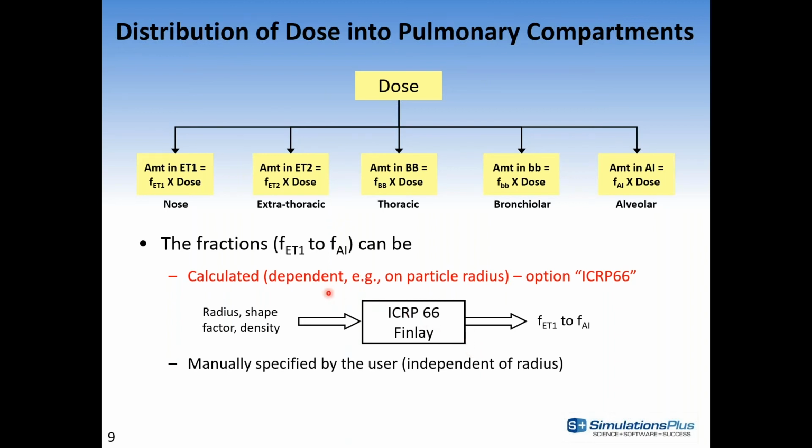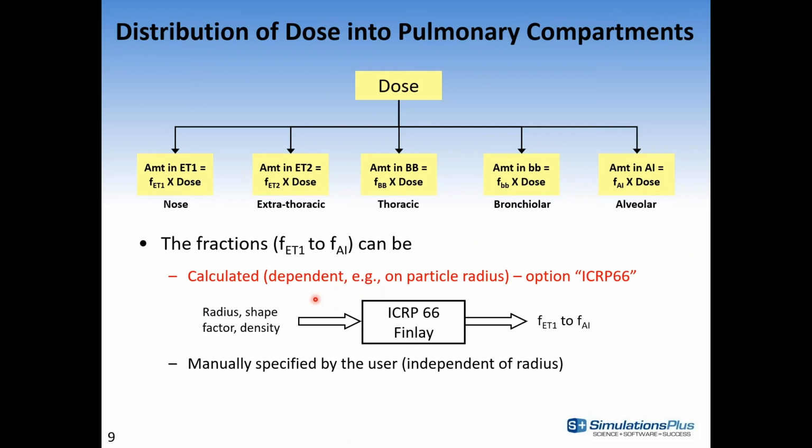The program comes pre-built with several different methods, which are going to be dependent on some formulation properties: particle size distributions, particle shapes, densities of the drug or chemical material, also the presence of any carrier particles that we may have in our products.